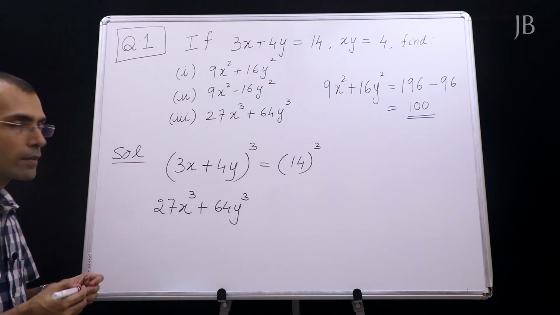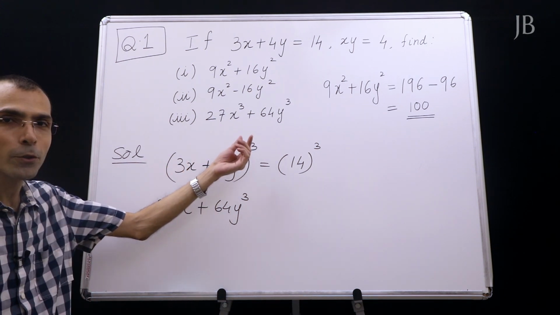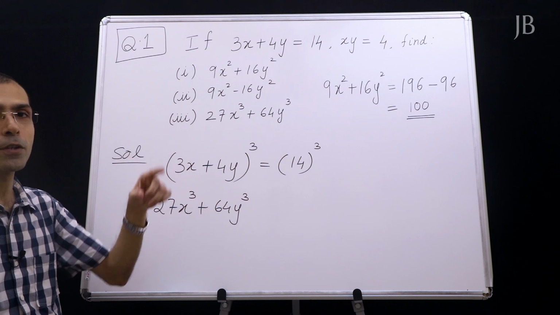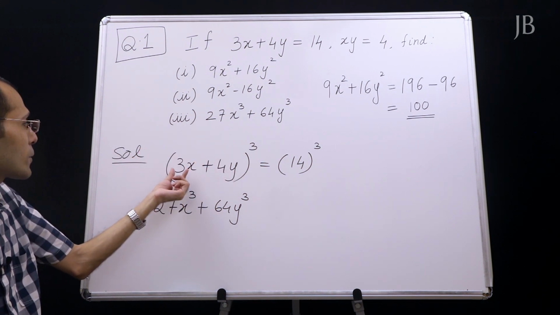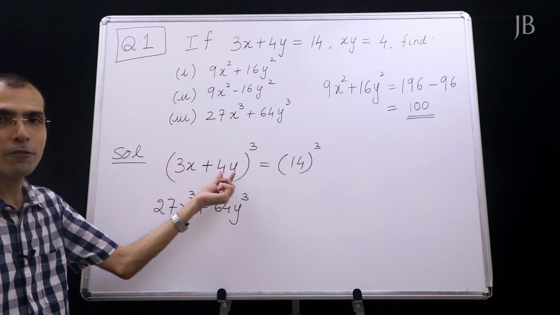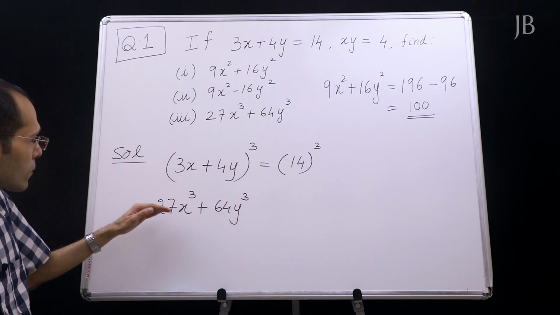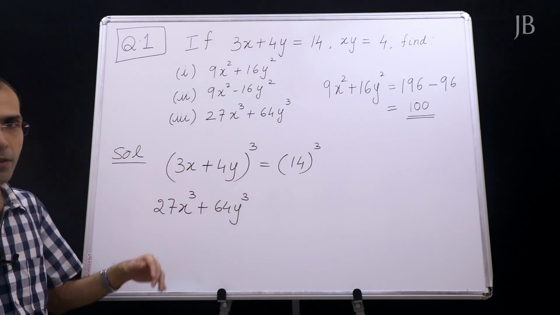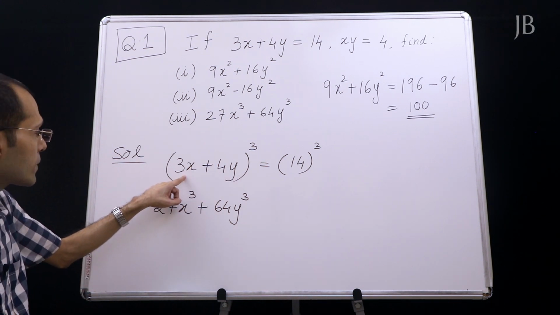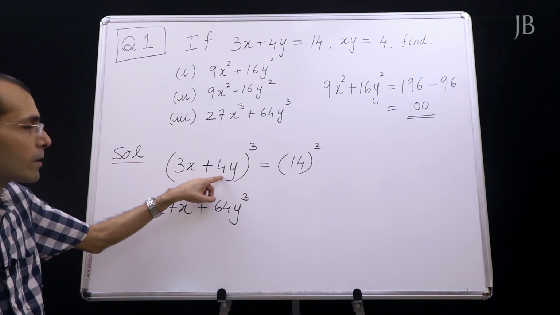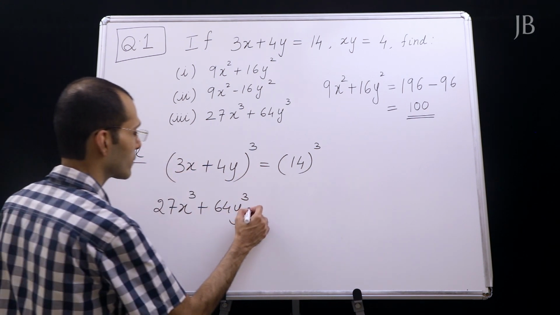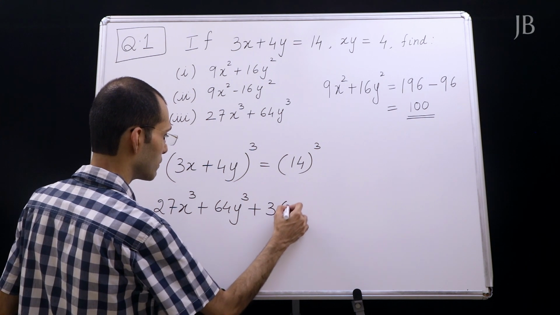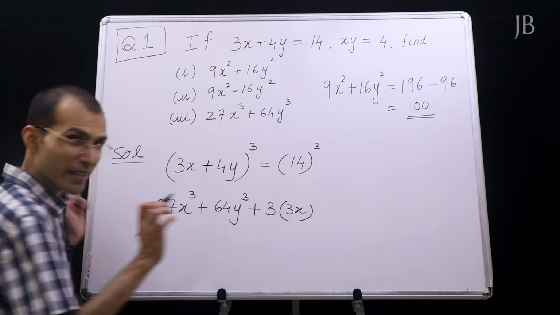You remember this? a plus b the whole cube. Now the formula for a plus b the whole cube is coming. So it is a cube plus b cube. So instead of a it is 3x, and instead of b it is 4y. So 27x cube plus 64y cube. Then first term into second term, that is plus 3ab. You recollect that? So it won't be plus 3xy.